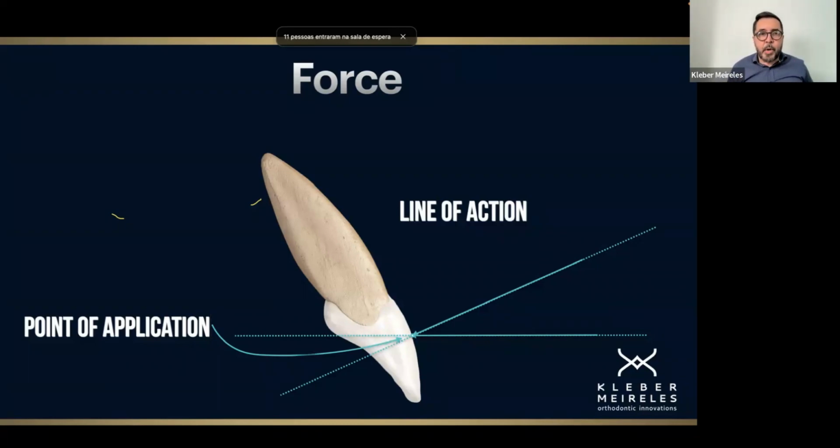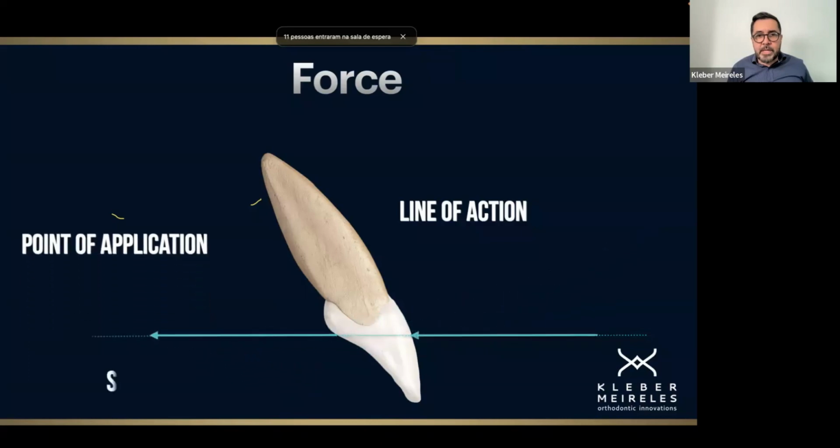So we have a point of application, we have the sense of the force, we have the line of action, and these features are going to generate the movement that we want, or sometimes we don't want.